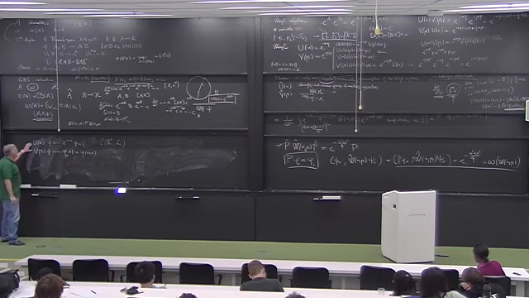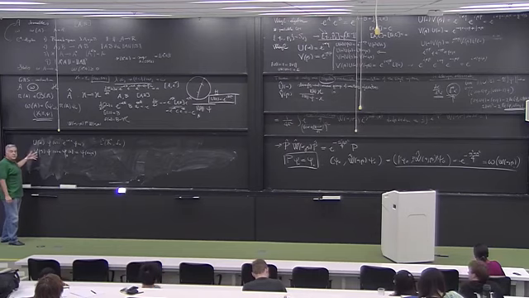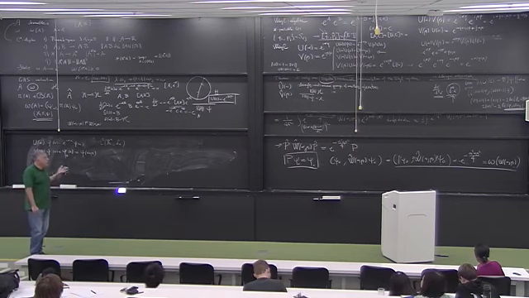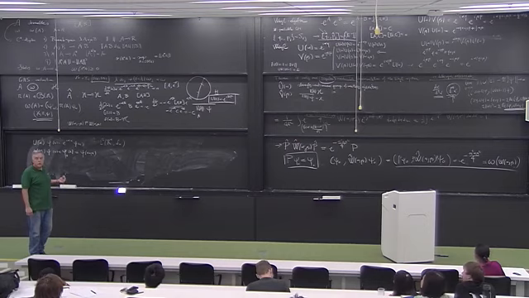So in the homework you will show that this is a representation, this is obvious, but that this representation is irreducible. Since it is irreducible, it is the unique representation of the canonical commutation relation up to unitary equivalence. Okay.